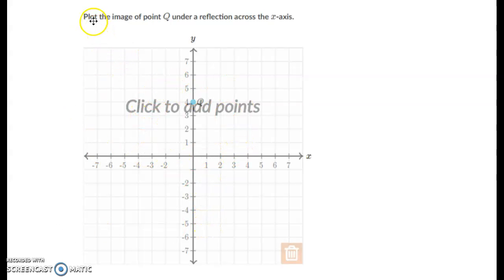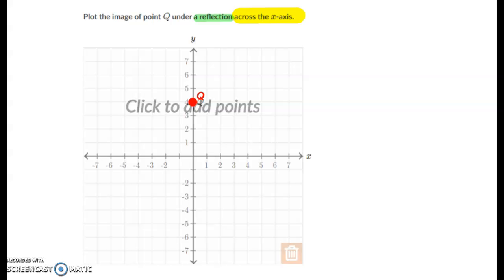Let's read this. It says, plot the image of point Q, the image of point Q. So I've got point Q here under a reflection across the x-axis.